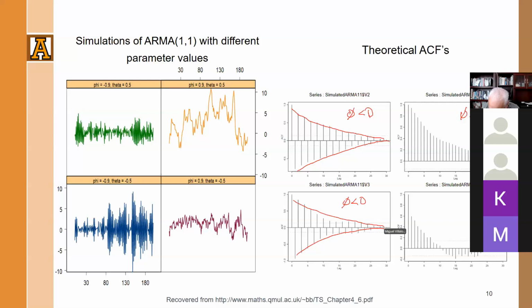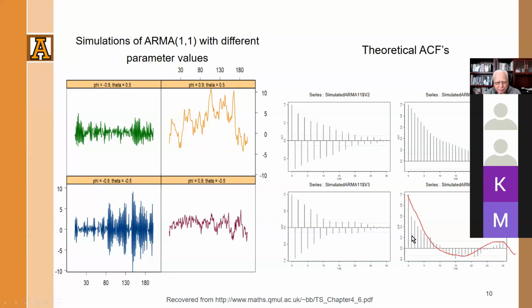Here we have a sine wave, like the type of behavior we saw when we studied the autoregressive models. We can have a sine wave pattern. But what determines the behavior is going to be the parameter phi.